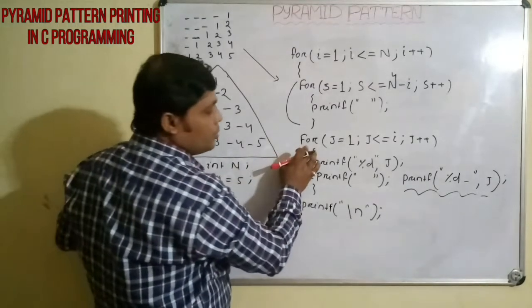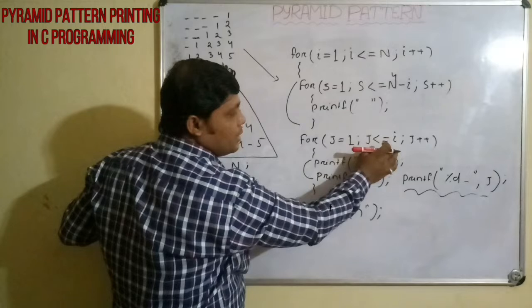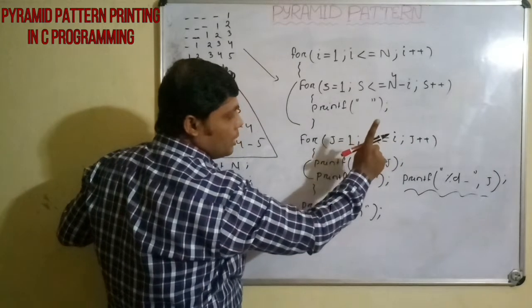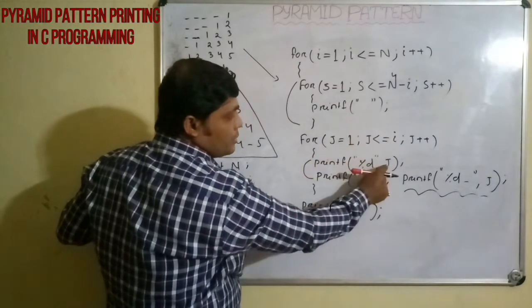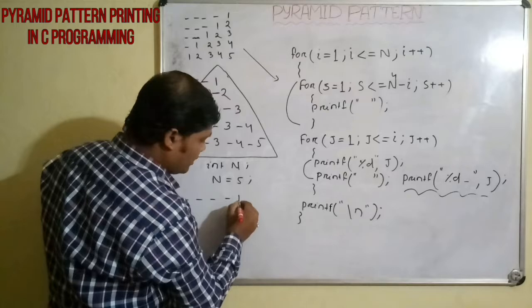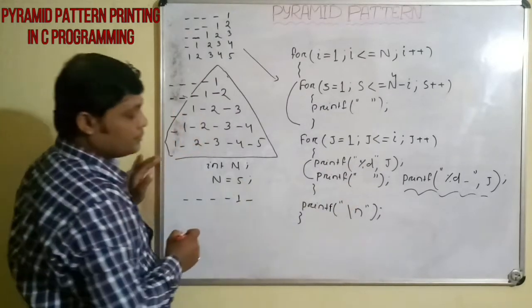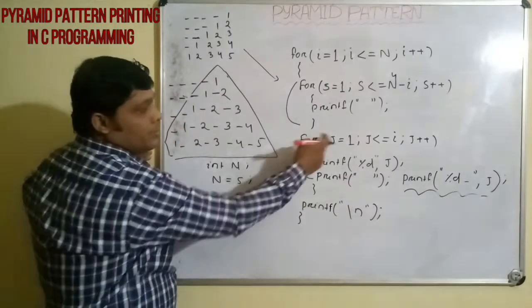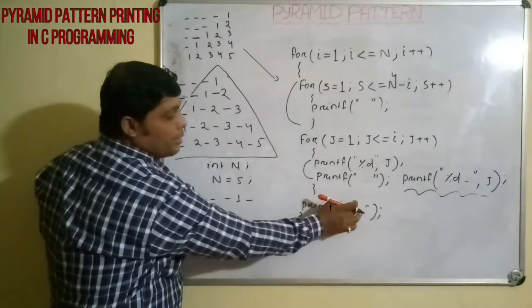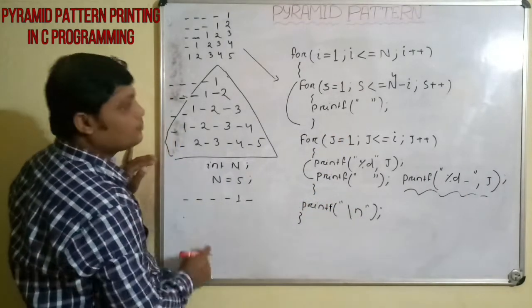Then come to here, j equal to 1, j less than equal to i, means it will continue for 1 time. So printf j value, that is 1, it will print. Then printf space, it will give 1 space. Then j value will be 2, go out of loop. Then printf \n, it will go to the next line.